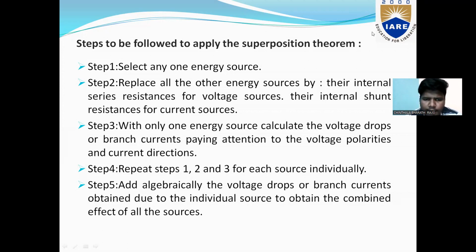Then step 4: repeat steps 1, 2 and 3 for each source individually. Finally, add algebraically the voltage drops or branch currents obtained due to the individual sources to obtain the combined effect of all sources.